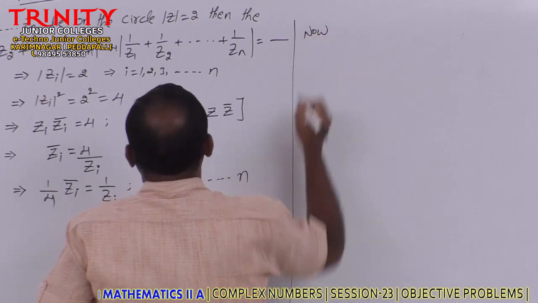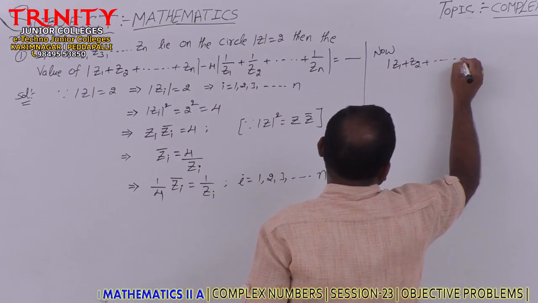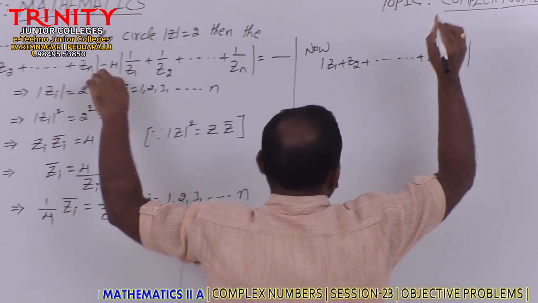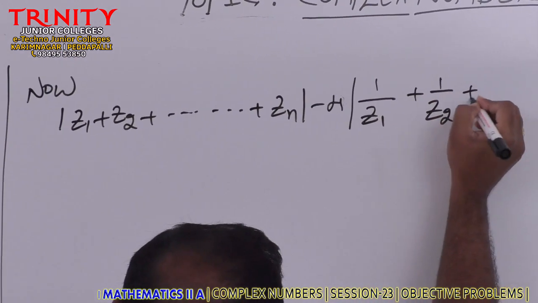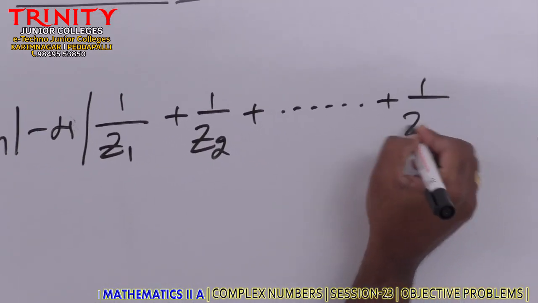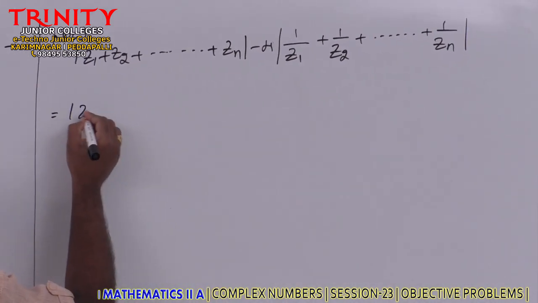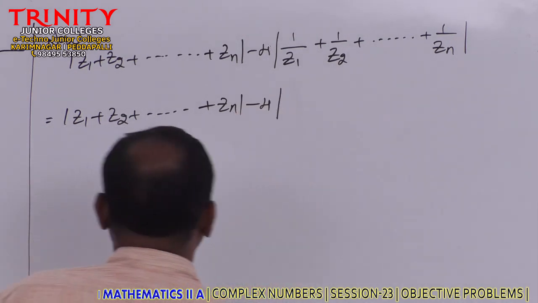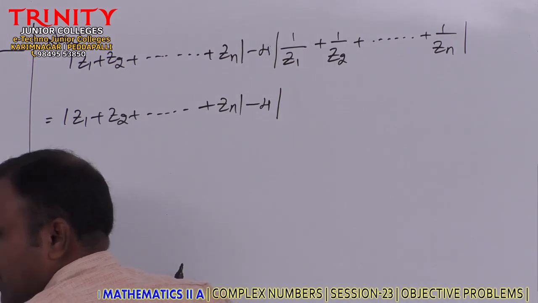Now, modulus of Z1 plus Z2 plus so on plus Zn minus 4 into mod 1 by Z1 plus 1 by Z2 plus so on plus 1 by Zn is equal to, this part is as it is, Z1 plus Z2 so on plus Zn, minus 4 into, what about 1 by Zi? 1 by Zi value is 1 by 4 Zi bar.